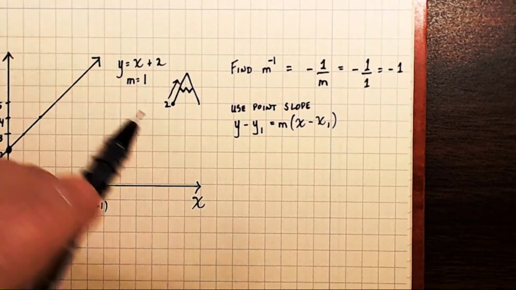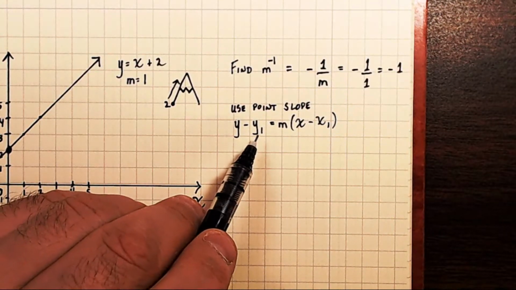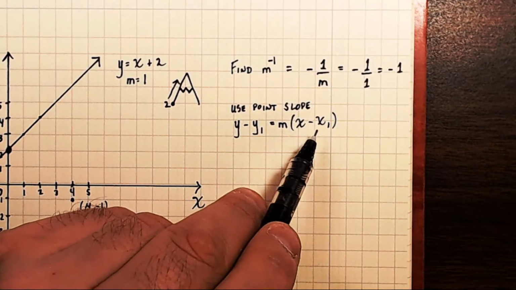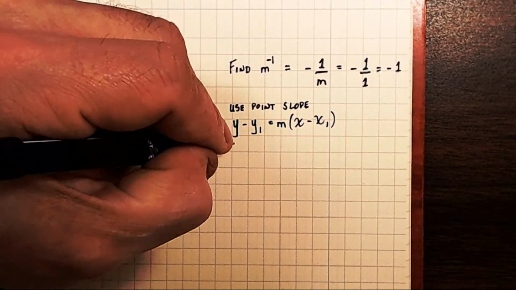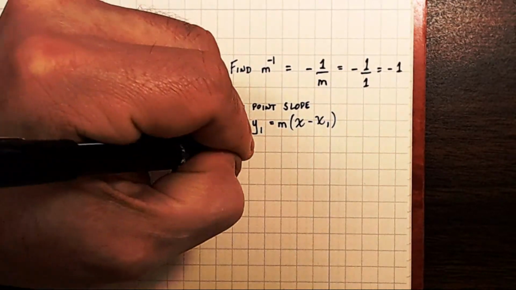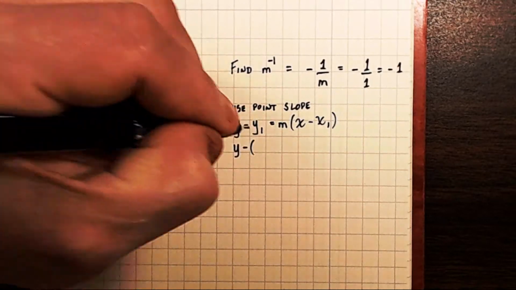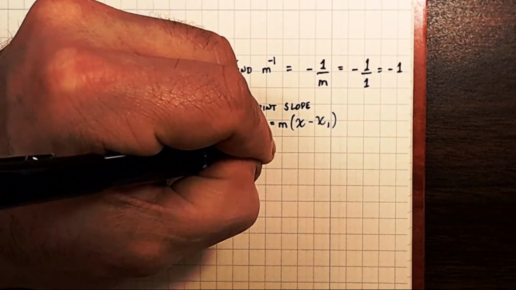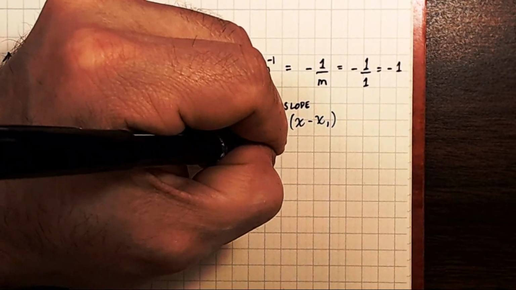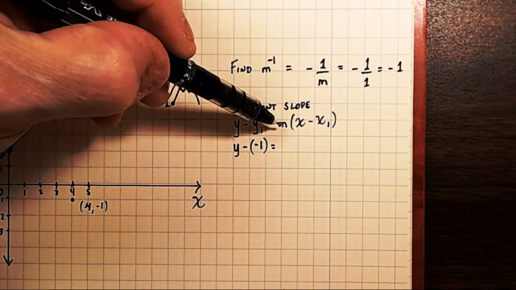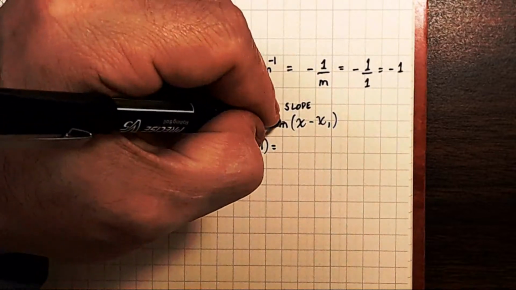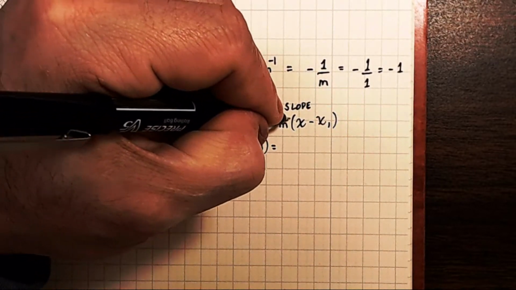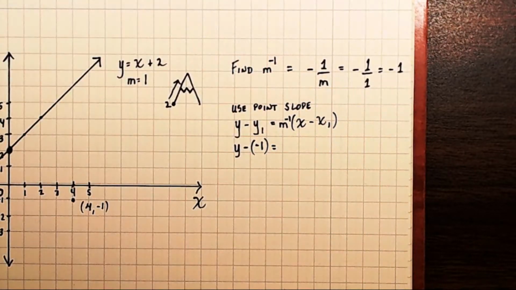We have the y1 value, which is -1, and the x1 value, which is 4. This is where I'm getting that data. So plug in what we have. y minus, open paren, -1, equals, and for this m value, I need to actually use the inverse slope.